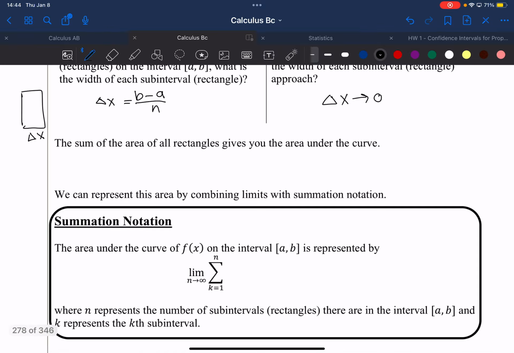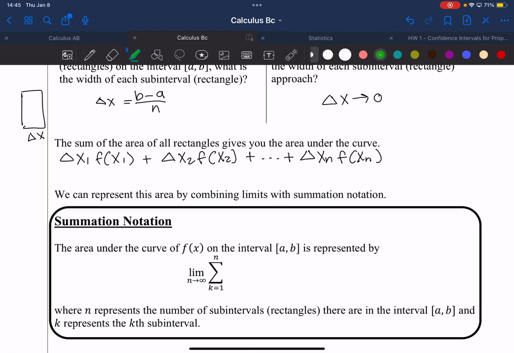So it would look like the change in x sub 1 times f of x sub 1, plus the change in x sub 2 times f of x sub 2, all the way to infinity. So that would be the change in x sub n times f of x sub n, where one of these is equivalent to the area of one rectangle.